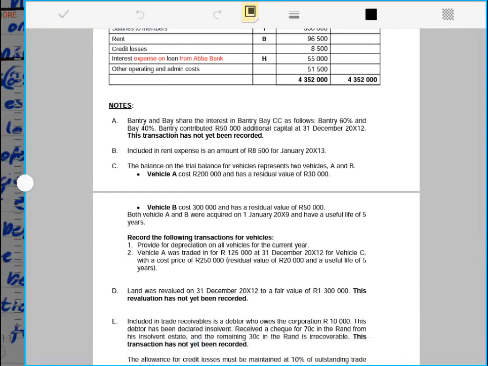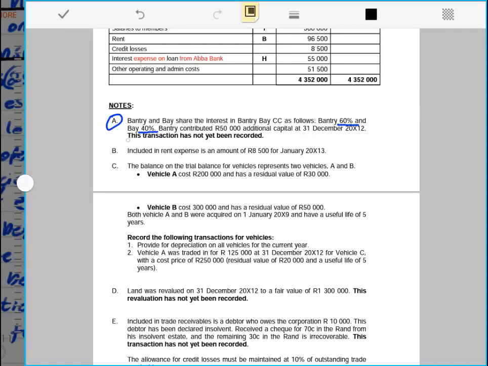Then we have adjustment number A, which says Bentley and Bay share interest in Bentley Bay Close Corporation as follows: 60% is Bentley and Bay is 40%. Bentley contributed 50,000 rands capital on the 31st of December 2012. This transaction has not yet been recorded.